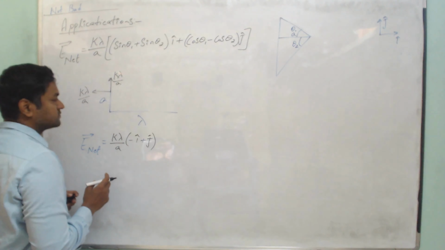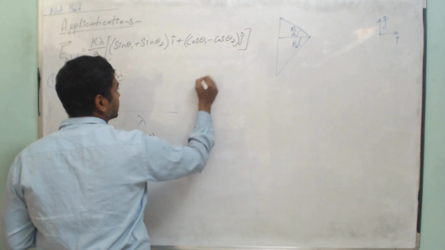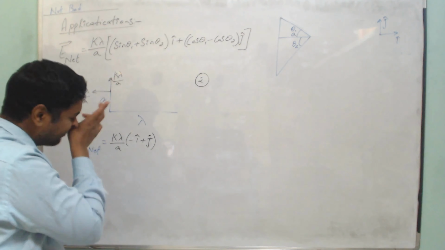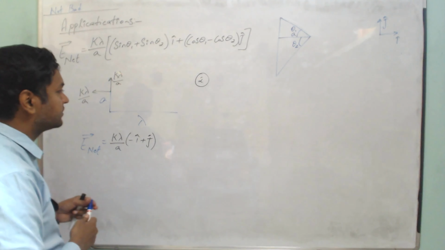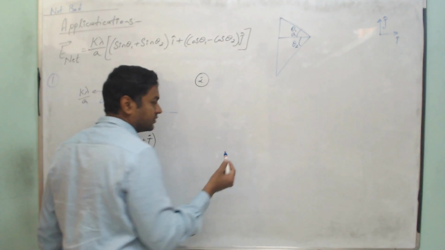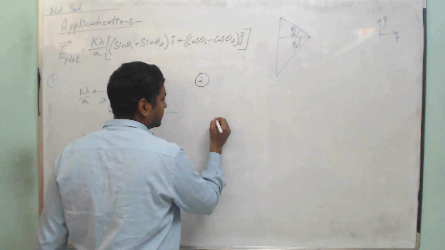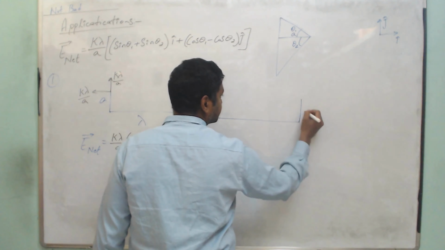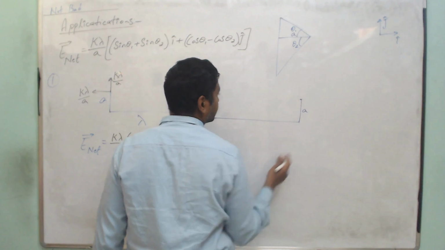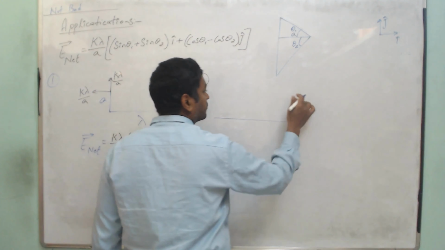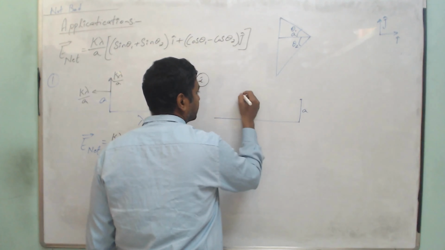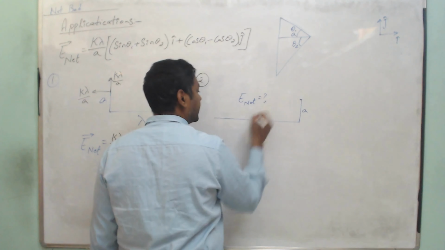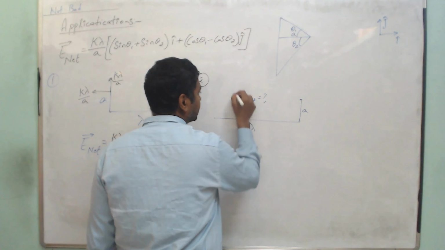Yes, sir. So let us look at the next question. Okay. Now, suppose I have a semi-infinite wire. Let us say I have my semi-infinite wire from here to here. So this is infinity. And at a perpendicular distance of A, I want to find the electric field at this point. And the charge per unit length is lambda.